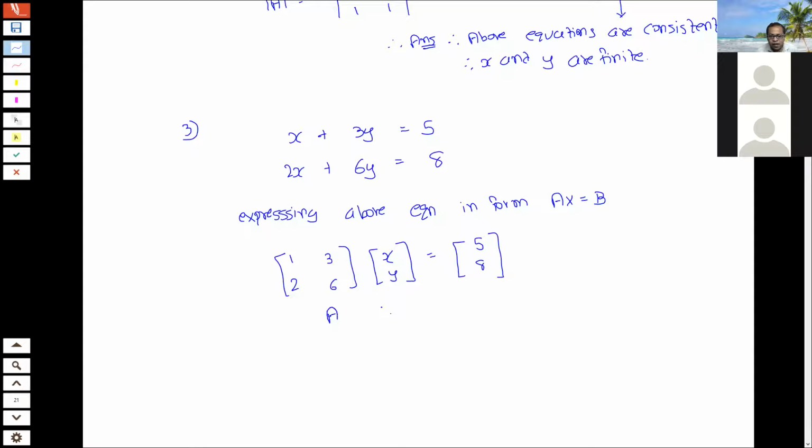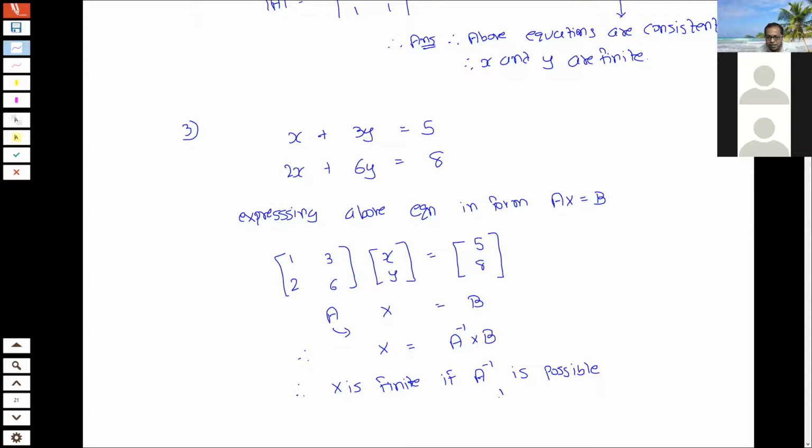So AX equal to B, therefore transferring A, X is equal to A inverse into B. So we can say that therefore X is finite if A inverse is possible.